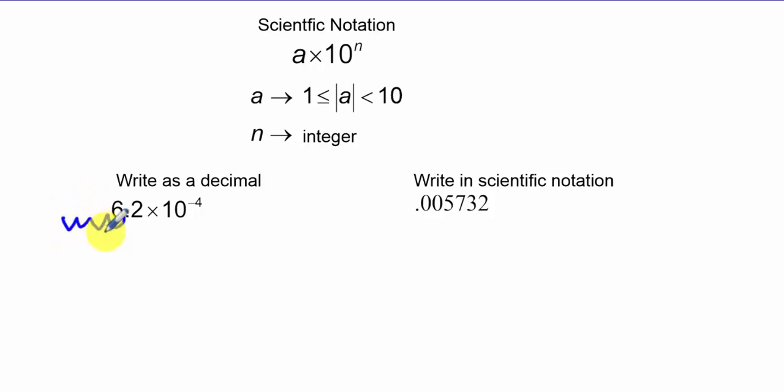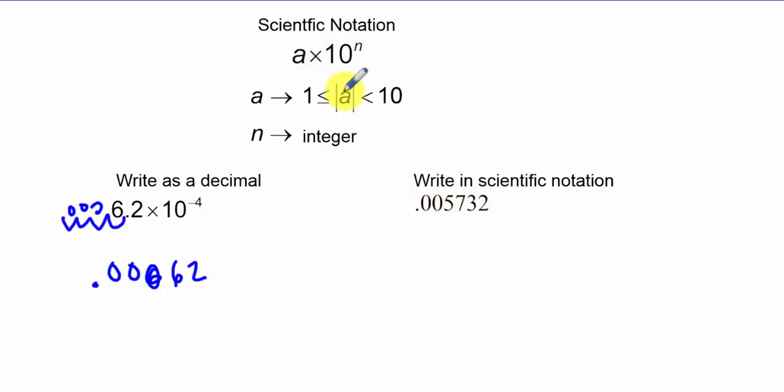And in those places where we don't have any terms at all, we just pop in zeros. So we'd be adding 3 zeros to this, and our final number is 0.00062.